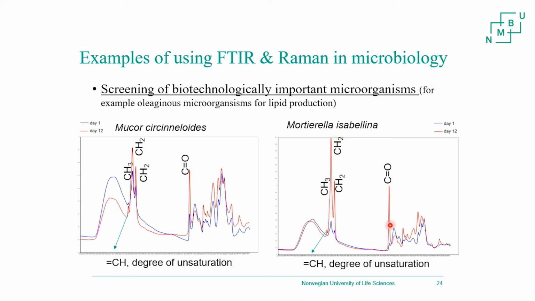I have to note that the CO stretching peak is related to the total content of lipids in the cell. So it means that after 12 days of growth in Mortierella isabellina, we have mainly lipids in the cell. And similar could be observed in Mucor circinelloides.